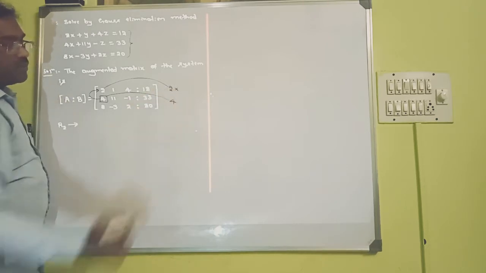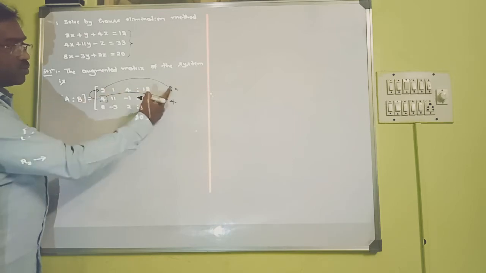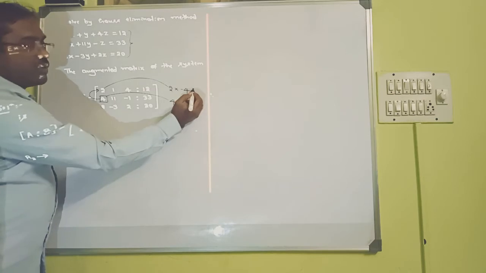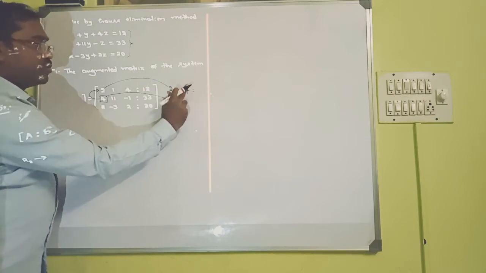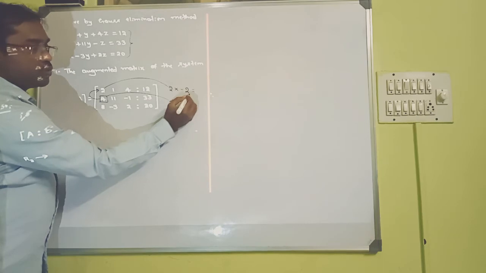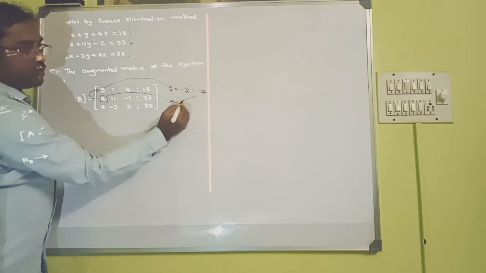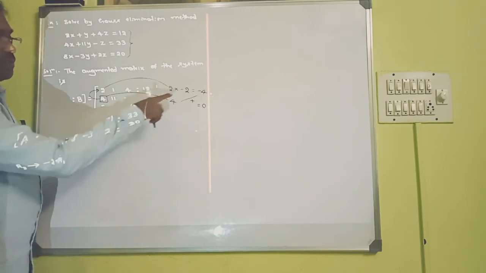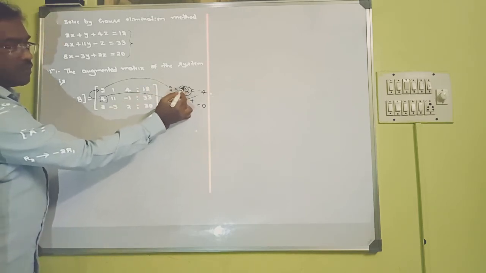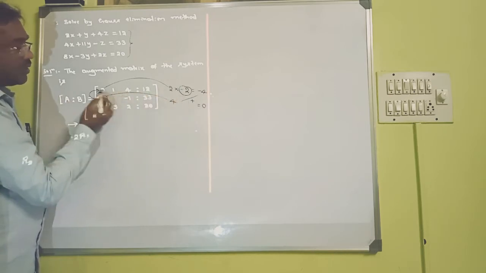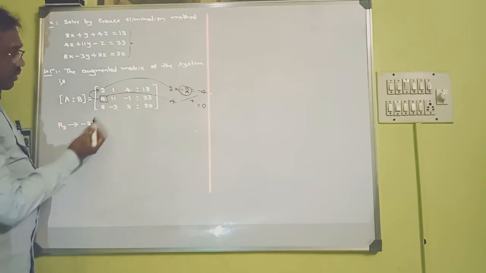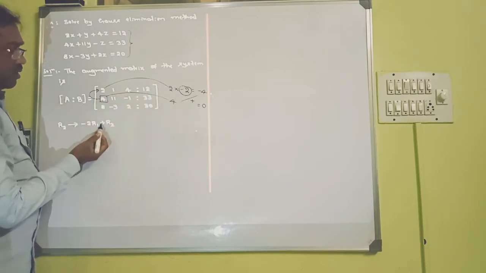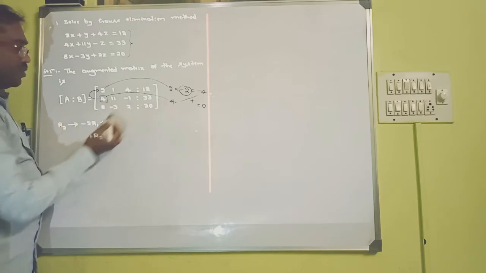We need to multiply this row, this 2, by minus 2, so what you get is minus 4. Then we add to get the answer 0. What is the operation? We multiply minus 2 to R1: R2 changes to minus 2 R1 plus R2.